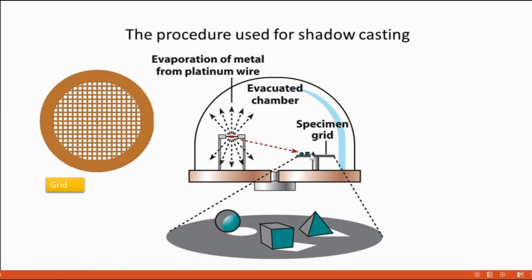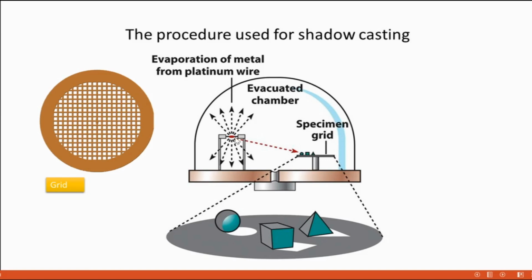And opposite to this grid, place a filament in association with carbon. This filament is commonly made of platinum or lead. This is the arrangement. In addition, this filament is positioned in such a way that its angle is oblique to the position of the grid bearing the specimen.